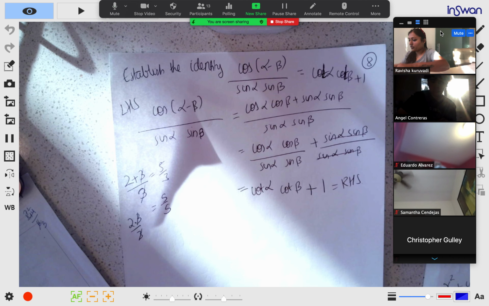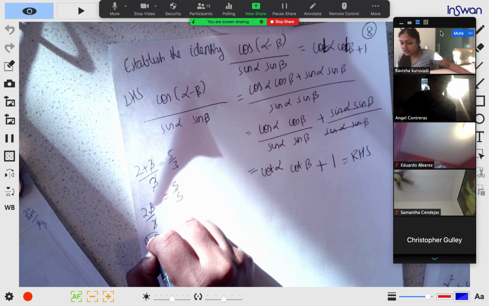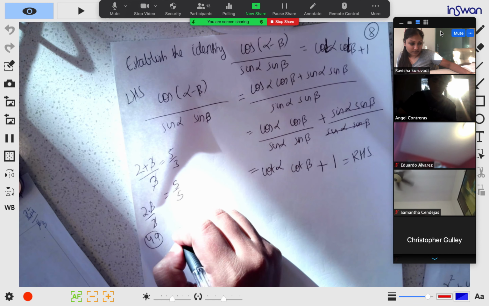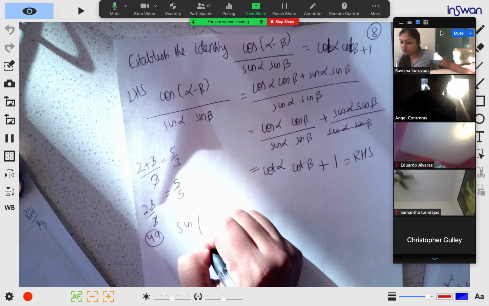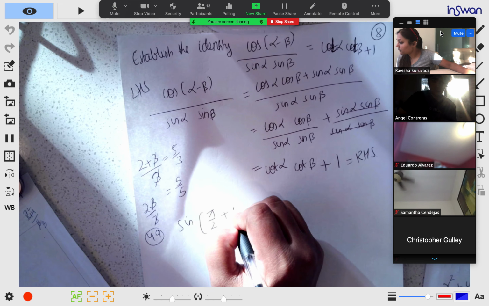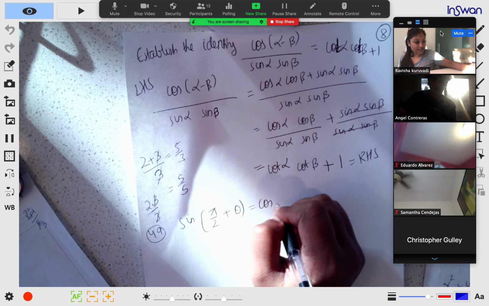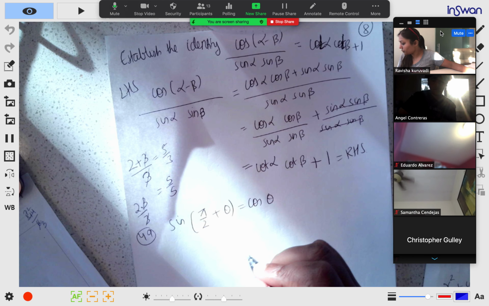Let's do problems on this before I go forward. I want everyone to try this. The first problem is sine of pi by 2 plus theta is equal to cosine theta. You need to prove this.